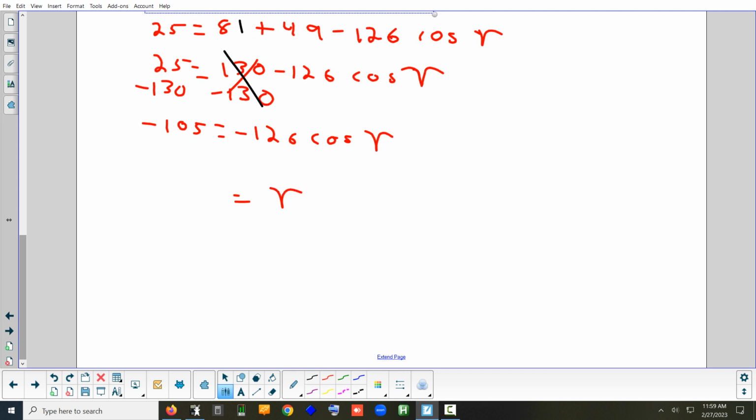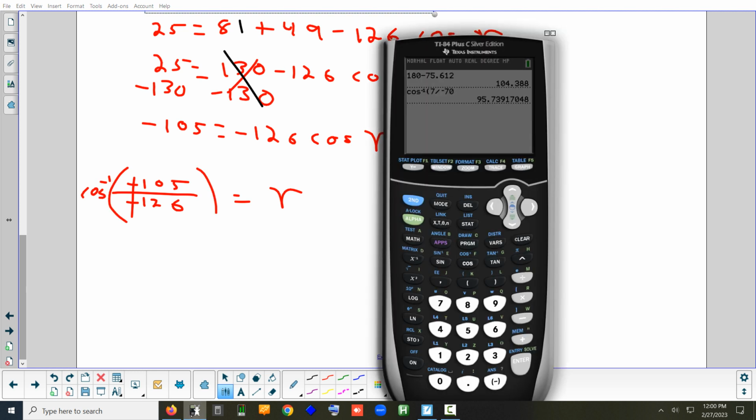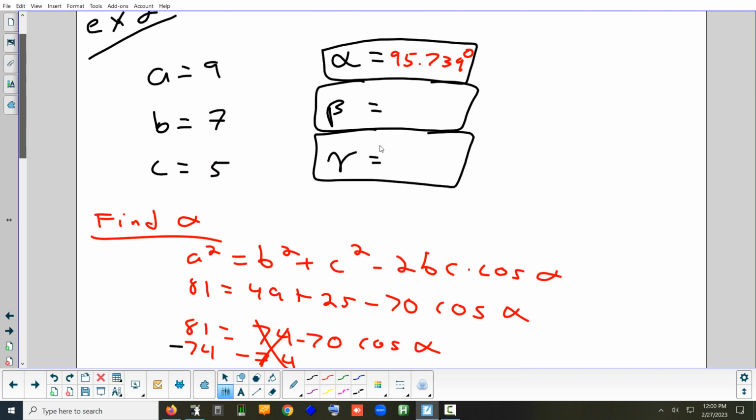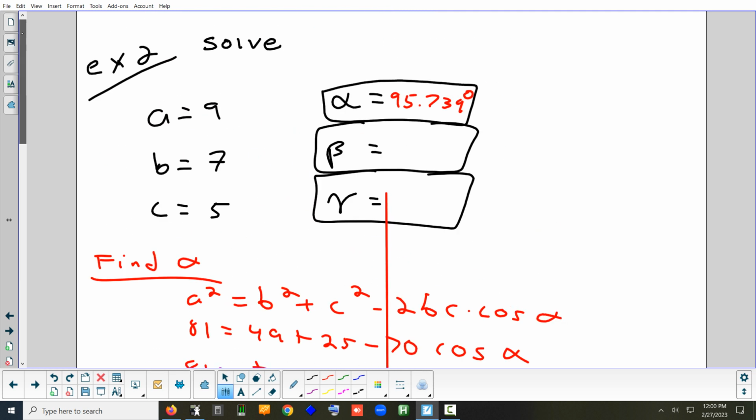So what are you going to do with that negative 126? Divide it. So negative 105 over negative 126, so might as well just cross the negatives out. And you also need the inverse cosine. And let's see what we get. Inverse cosine of 105 over 126 is 33.557.